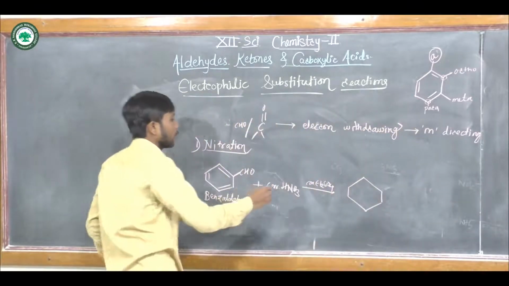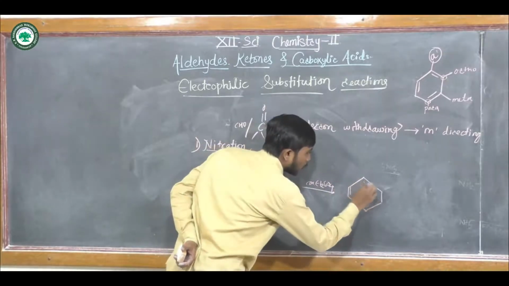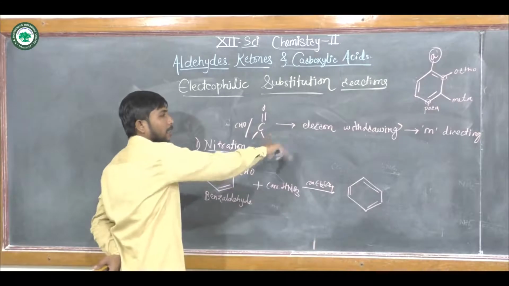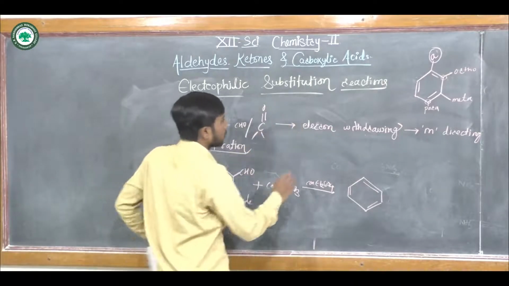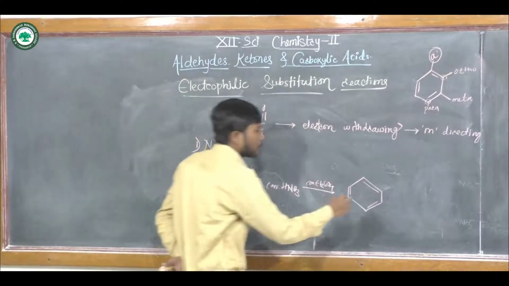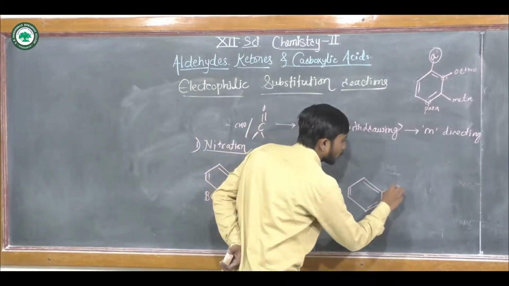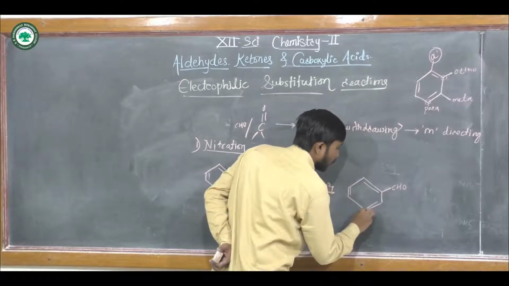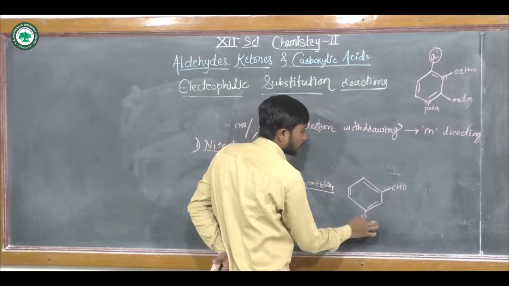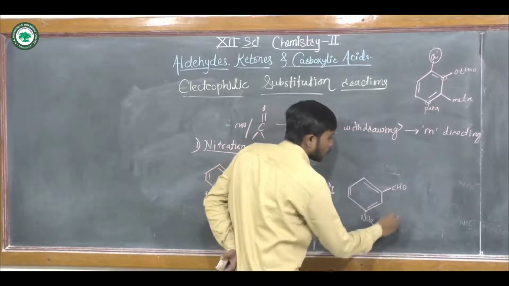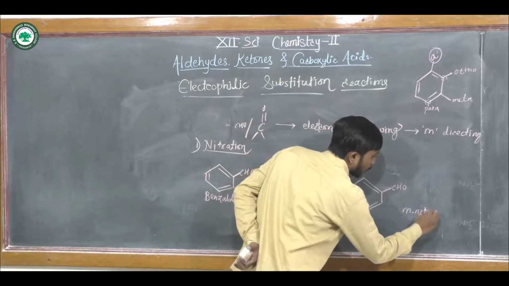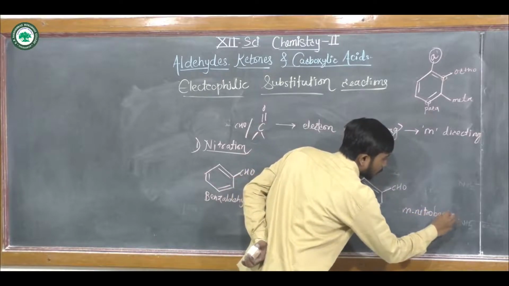But here in case of the carbonyl group, whether aldehydic or ketonic, they are electron withdrawing. That's why the product will be meta directing, meaning 1,3. This is 1, 2 and this is 3, NO2, and the name will be meta nitrobenzaldehyde.